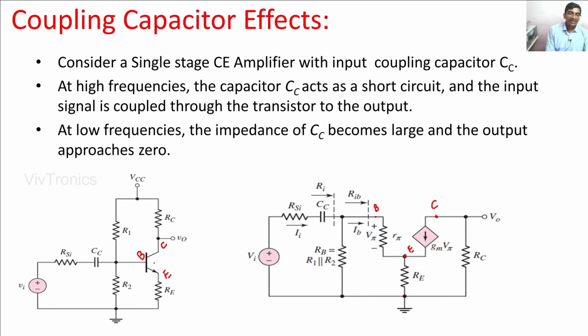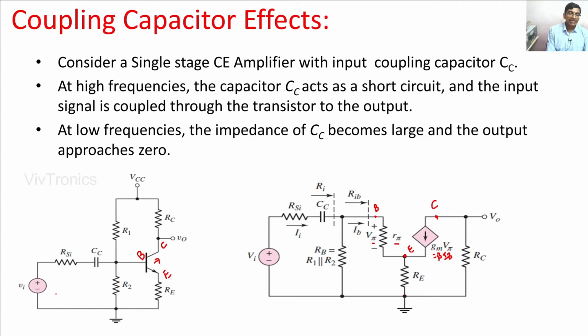The equivalent circuit of this transistor is: from the base terminal to the emitter terminal we have the resistance r pi, and the voltage across it is V pi. From the collector terminal to the emitter terminal we have a dependent current source gm V pi, which is also called beta times IB.